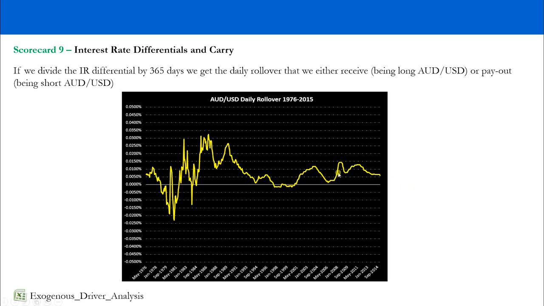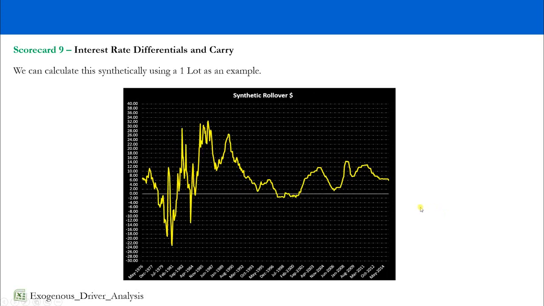And in these circumstances, when the carry is getting more positive or widening, this is when hot money will flow out of the US dollar into the Aussie dollar. So we need to stay on top of these things, obviously.